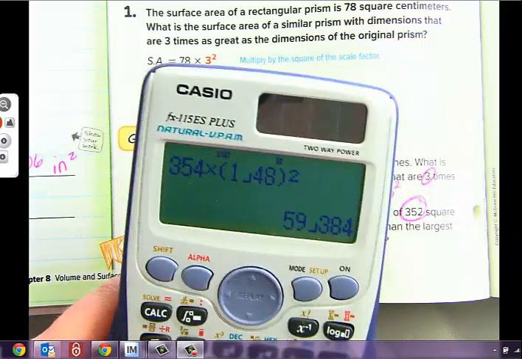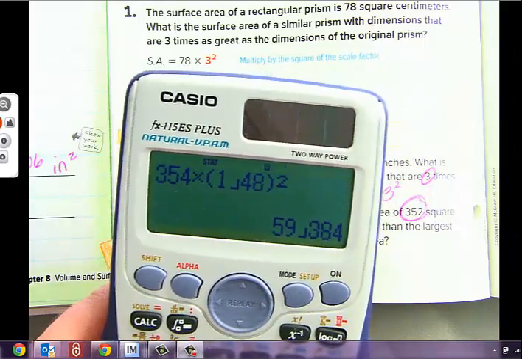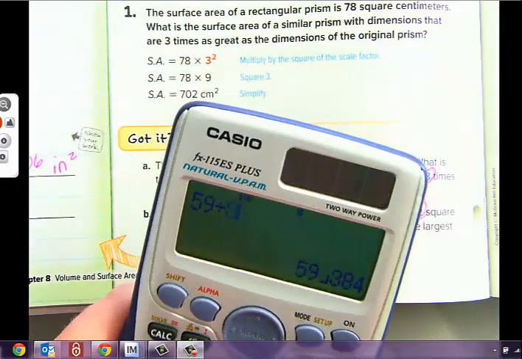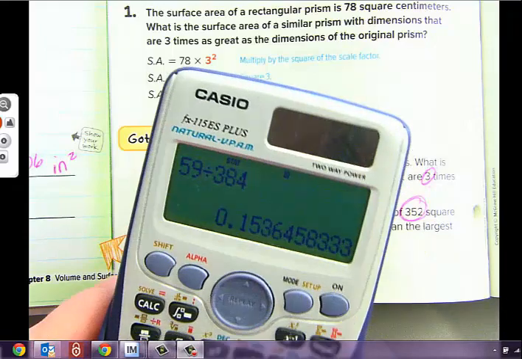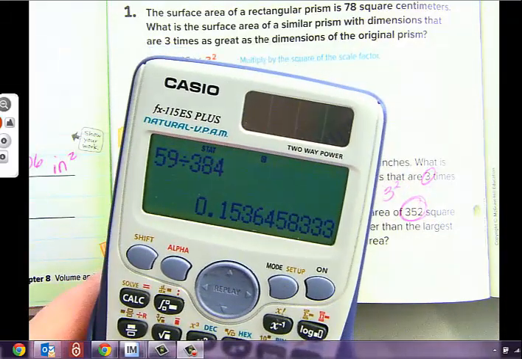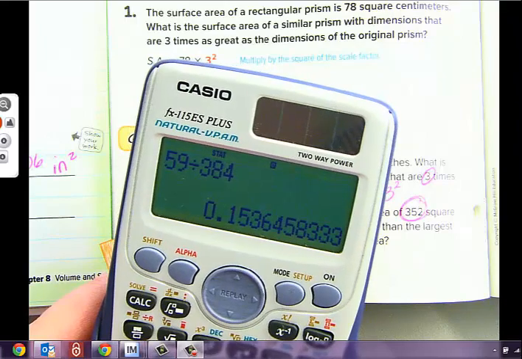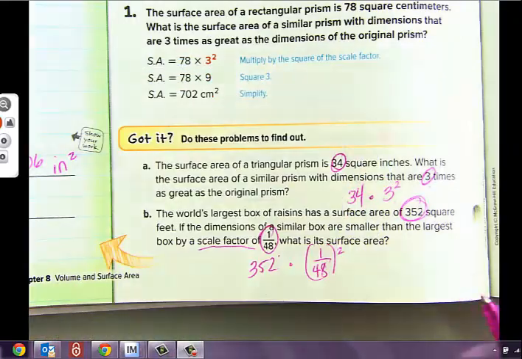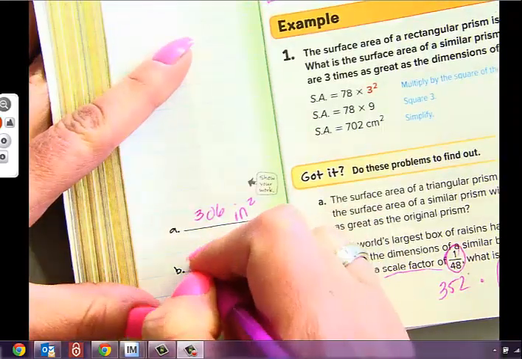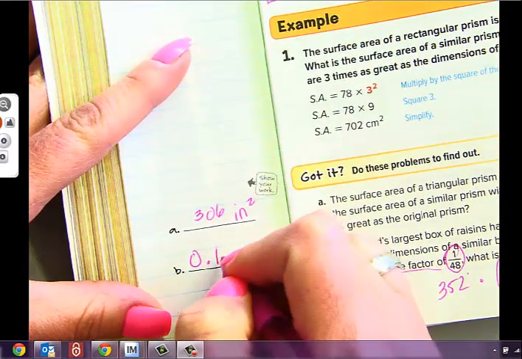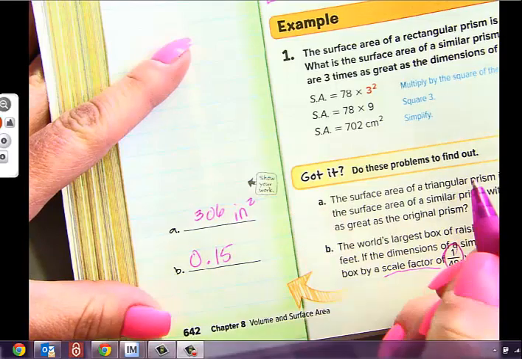And you get 384, sorry, which is this. So my measurement for the original one is 0.15.